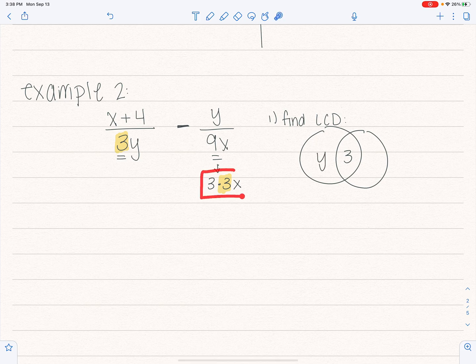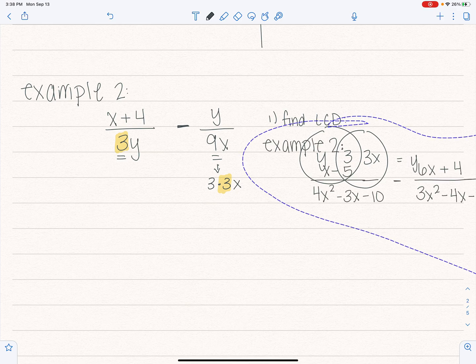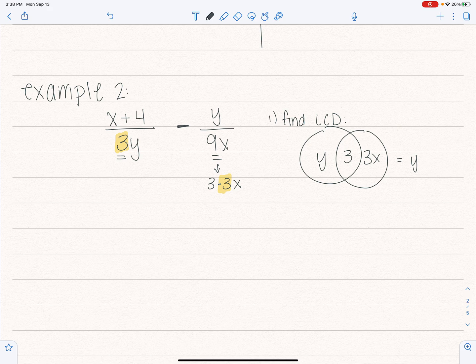This denominator, I took care of the 3 already, that highlighted 3, but I still need another 3 and an x. And so my LCD is going to be the product of y times 3 times 3 times x, or 9xy.